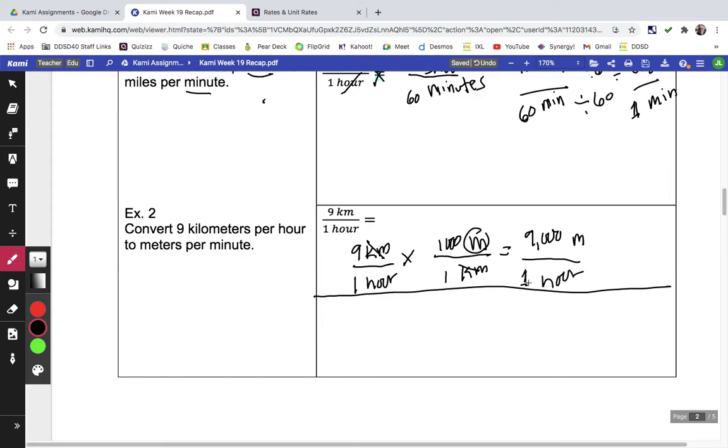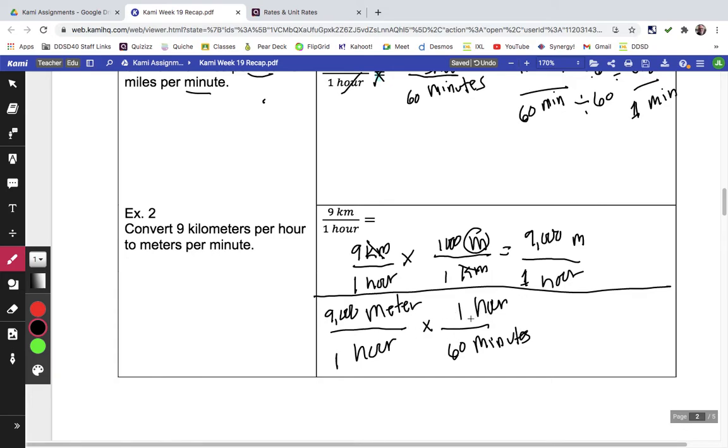So we want to know, well, how far would you go in just 1 minute? So we're going to do 9,000 meters. We'll write meters because we're changing to minutes and I don't want to get them mixed up, in 1 hour. So this is the biggest part, is to figure out which one you're going to multiply it by. So I'm going to put hour right here because I want that to cancel out, and there are 60 minutes in 1 hour.